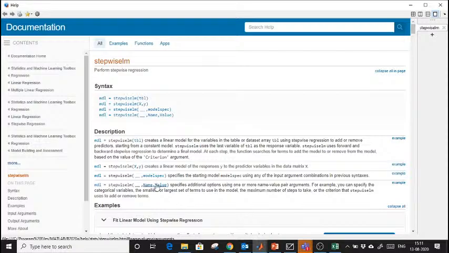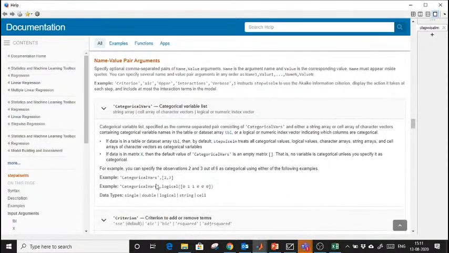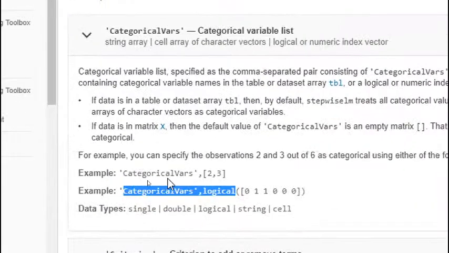What kind of properties are available here? See here, if you have categorical predictors, you have to mention which predictors are categorical. So stepwise linear regression is not used only for numeric data. You can use it for categorical data also. You can provide categorical data like this, category words and which columns are categorical, in this way.